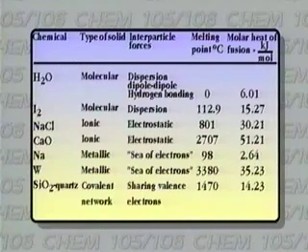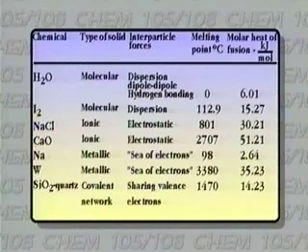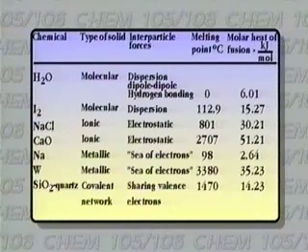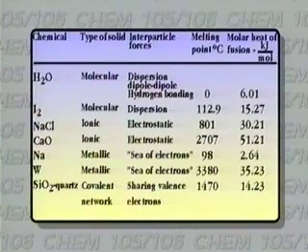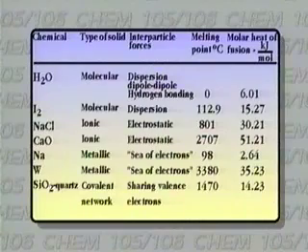Now, again, we would expect that things that have high melting points would probably have high molar heats of fusion. If it's difficult to melt them, it must take a lot of energy to do so. And so we see that the things that had very high melting points, like calcium oxide, have a very high molar heat of fusion, 51 kilojoules per mole.